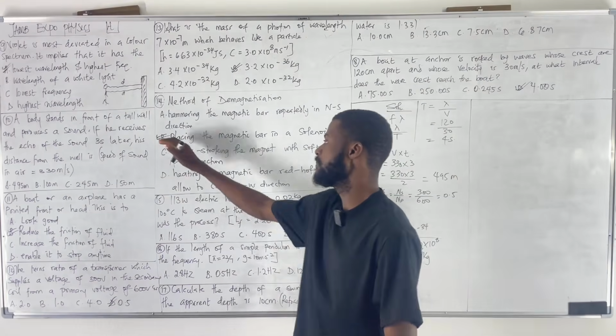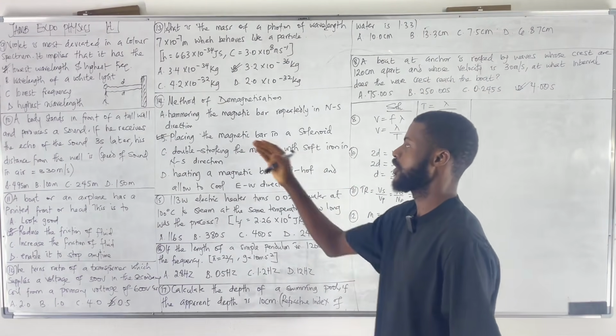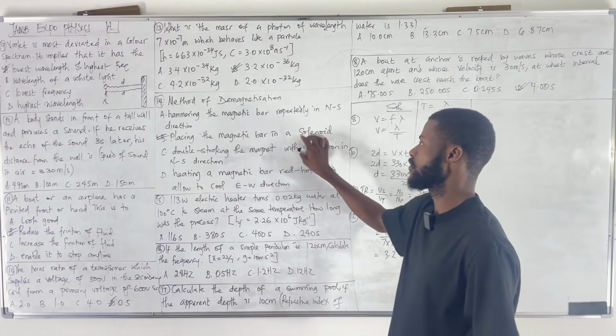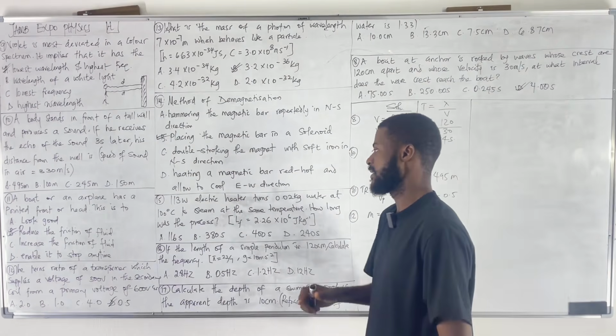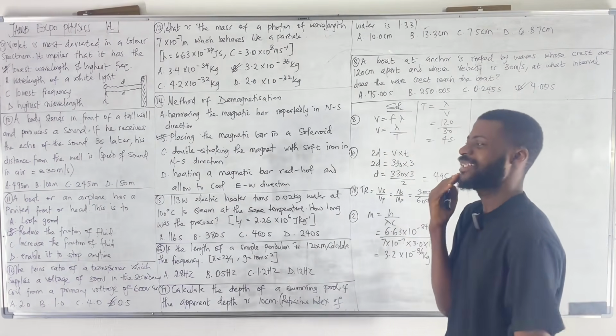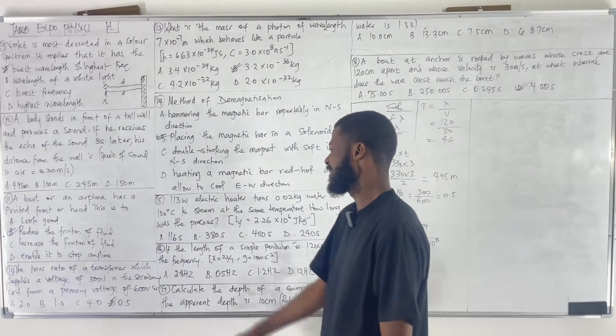So the answer is between B and D, but I would pick B because you are placing it in a solenoid, using alternating currents to demagnetize it. So I'm going to pick B.